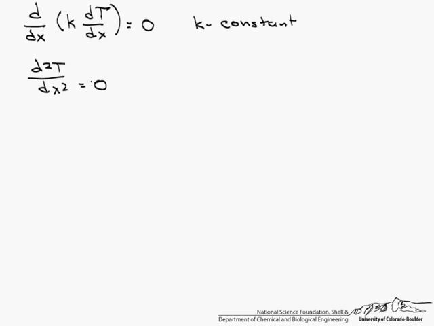Because we have a second order equation, and T varies with x, we need two boundary conditions. Boundary conditions are what you use when you're working with something as a function of length, like x. So our conditions have to be at x equals something, T equals something.